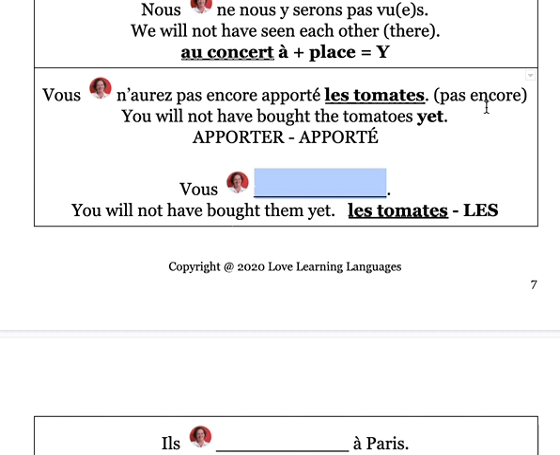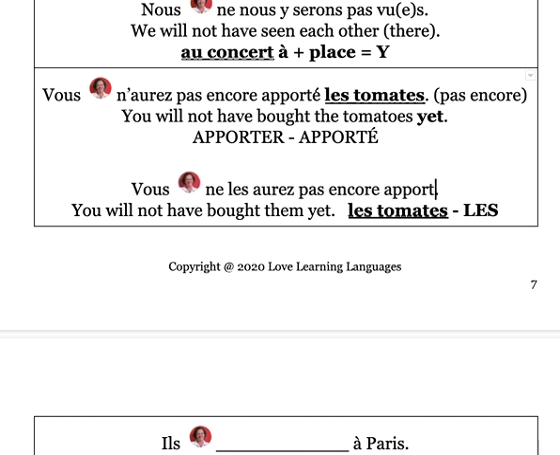We have to fill in everything else. Vous ne les aurez pas encore apporté. Apporté what? The tomatoes, right? So they're feminine and plural, so add an E and an S there. Vous ne les aurez pas encore apportés. In this case, it doesn't change the way apporter is pronounced.